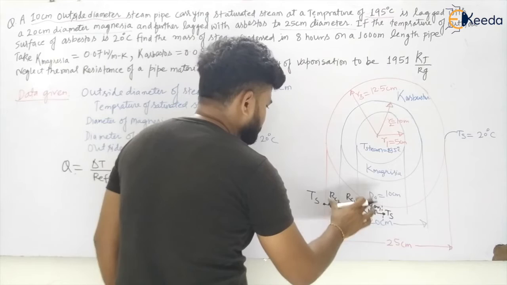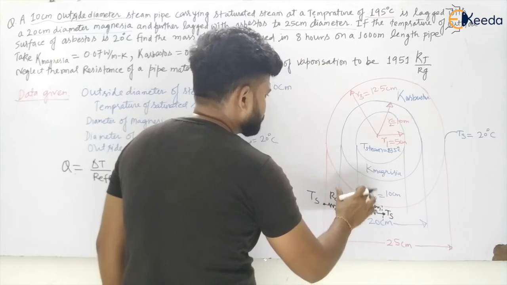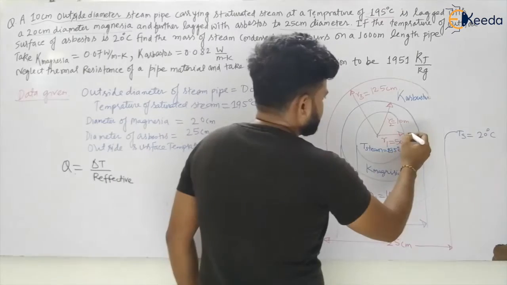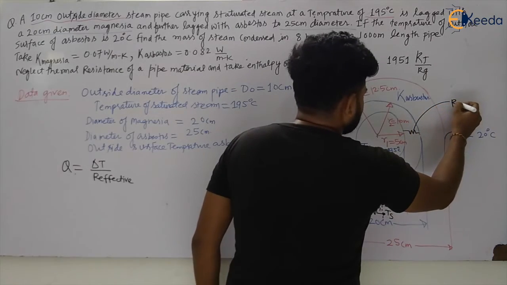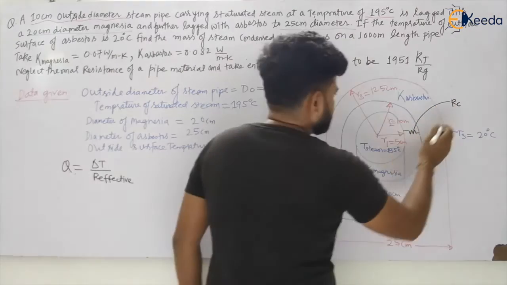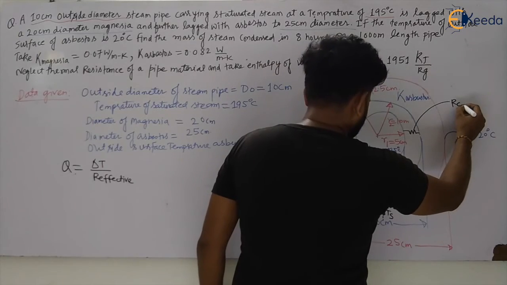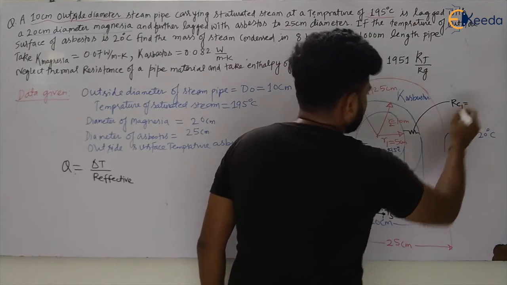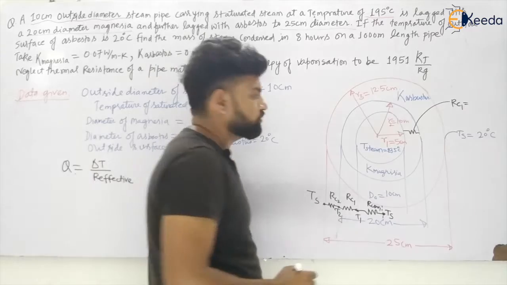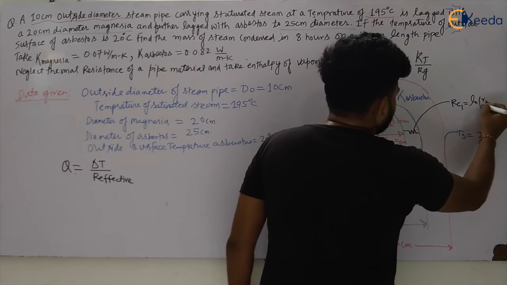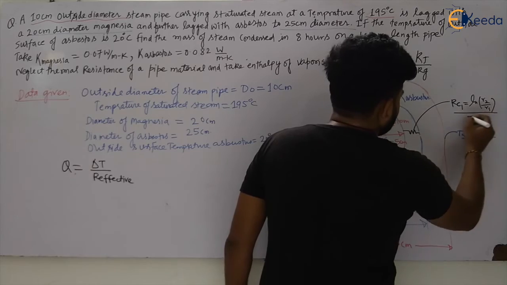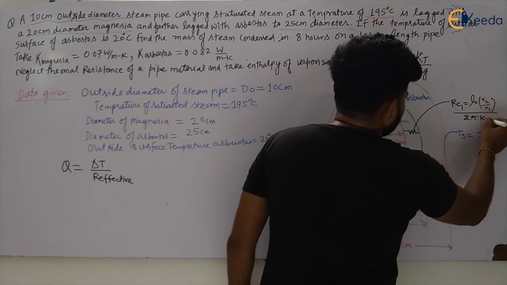So what will be the conductive resistance for the inner one? That is R conductive 1. R conductive 1 will be given by ln R2 by R1 divided by 2 pi KL.